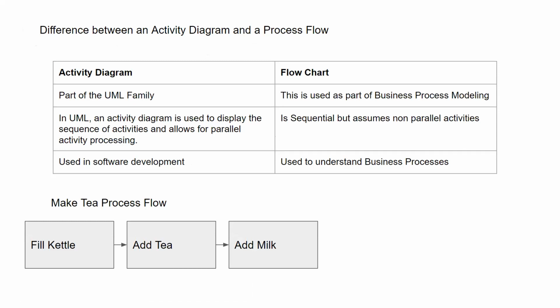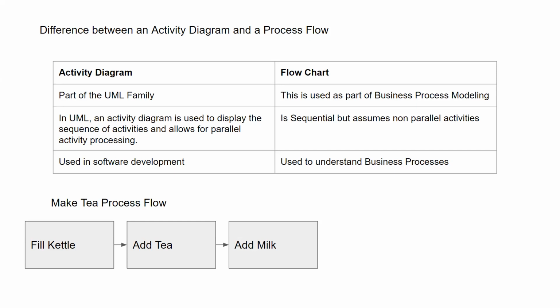Just kind of highlighting the difference between an activity diagram and a flow chart. So I'm not sure, are you guys familiar with business processes and business process flows? If not, not a big deal. So really, there's a difference between activity diagram and a flow chart.